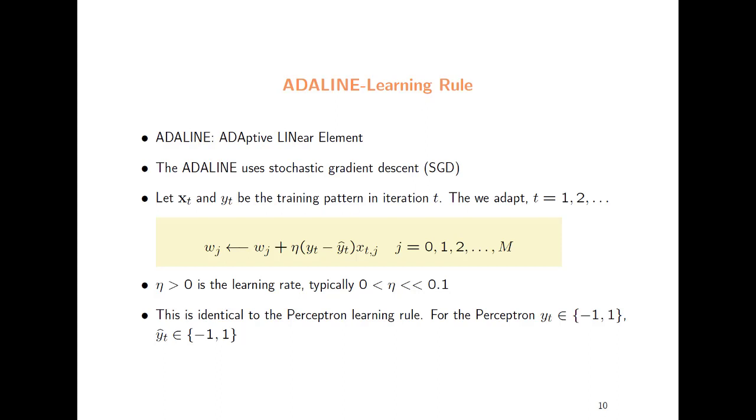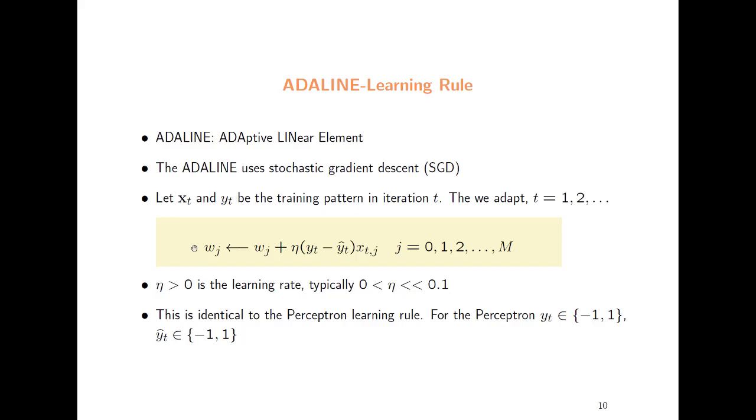So let x(t) and y(t) be the training pattern in iteration t, maybe randomly chosen. Then we adapt. So the new Wj is the old Wj plus eta times the true target minus the prediction, times x_j(t), and we iterate over all w's. Interestingly, this formally looks like the perceptron learning rule.